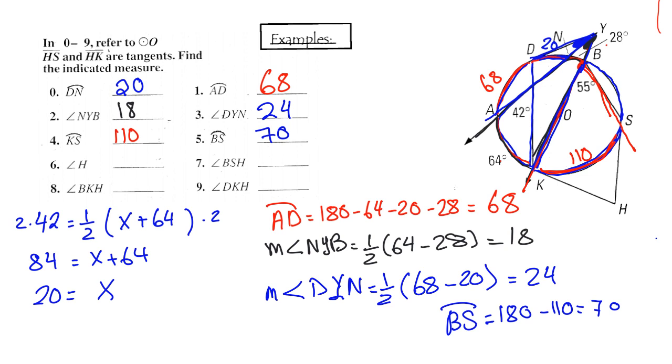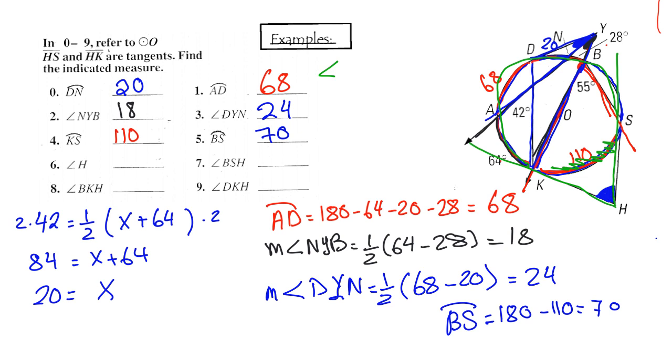Moving on, I need to find angle H. So this angle that's right here. Angle H is outside the circle, so it's considered an exterior angle. If I extended my two rays, that makes that angle. Here is my big arc, and here is the small arc.